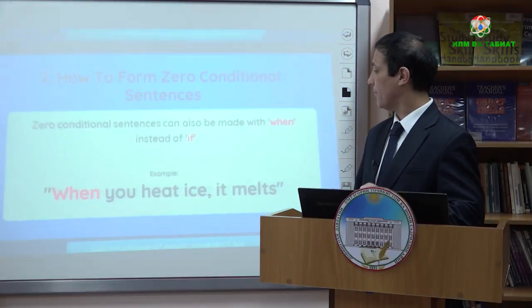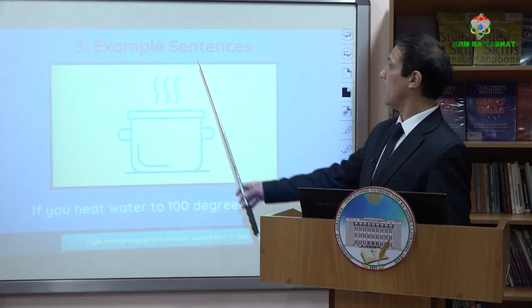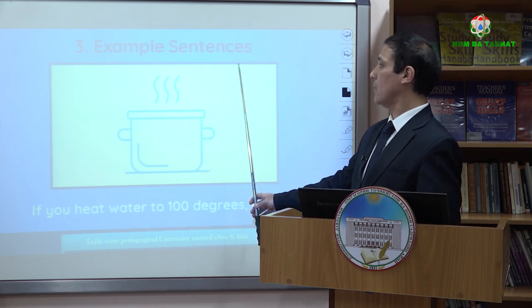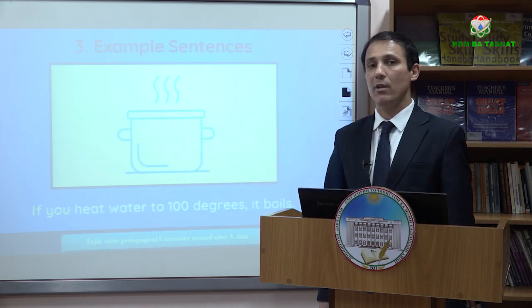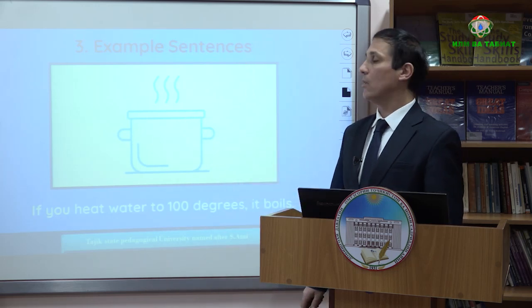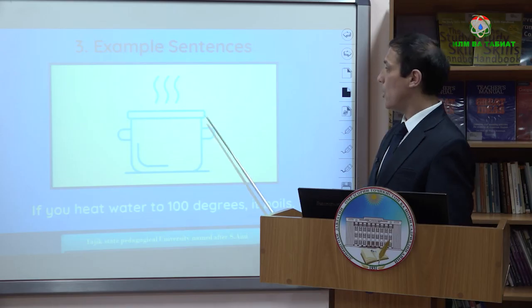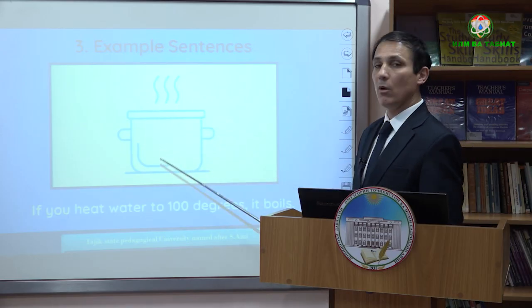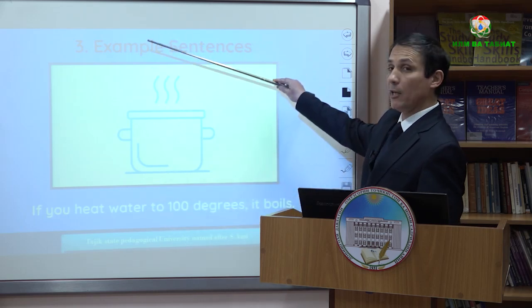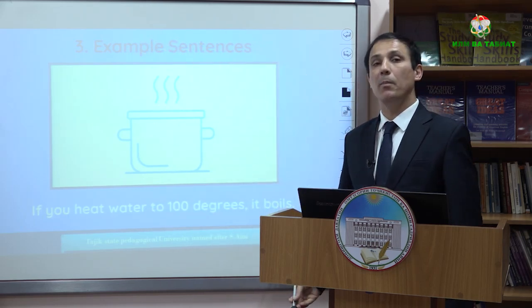Example sentences. Through the picture, it's very easy and understandable to make English sentences. For example, if you heat water to 100 degrees, it boils. If you heat the water to a high temperature, it boils.